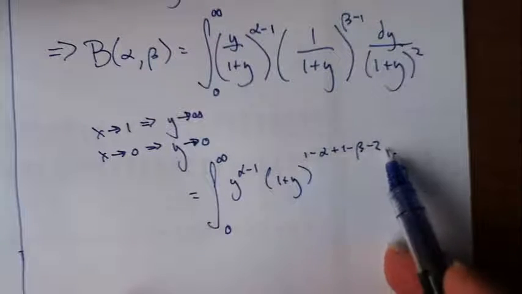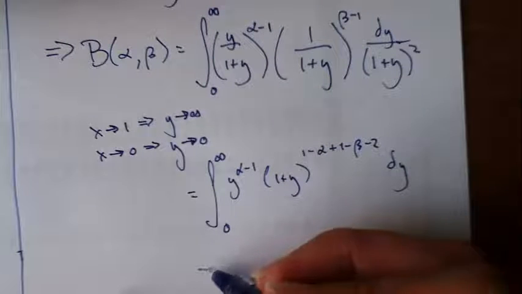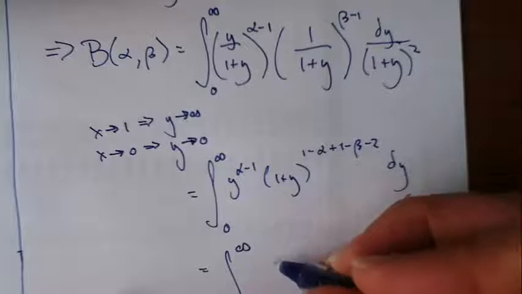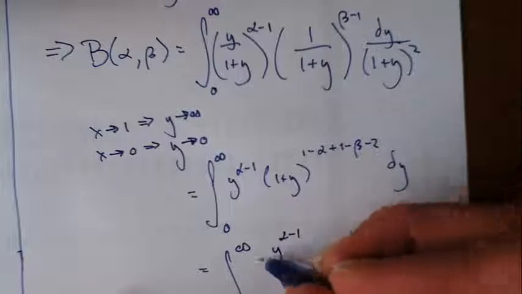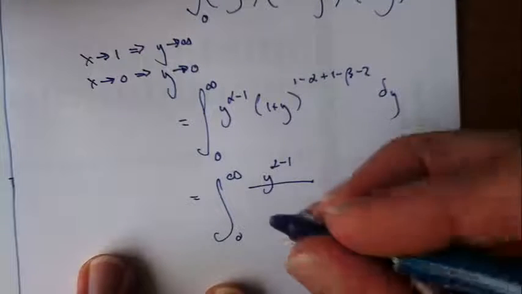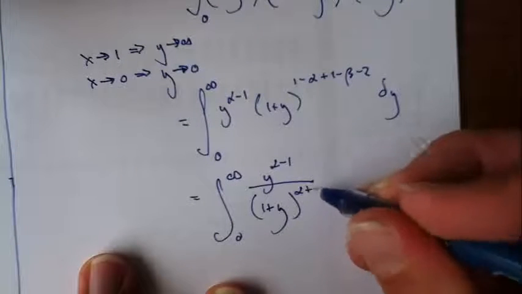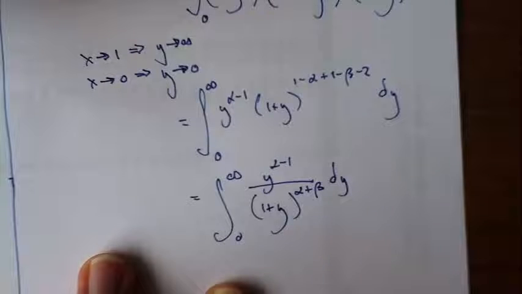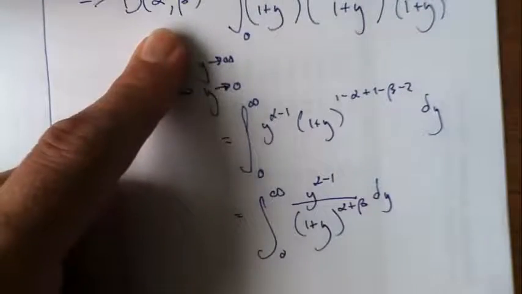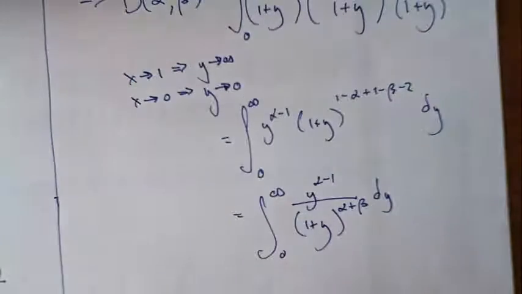So 1 plus 1 minus 2 is 0. This just works out to be the integral from 0 to infinity of y to the alpha minus 1 over 1 plus y raised to the alpha plus beta dy. Okay? Now, good. So all of this is equal to the beta function evaluated at alpha beta, right?